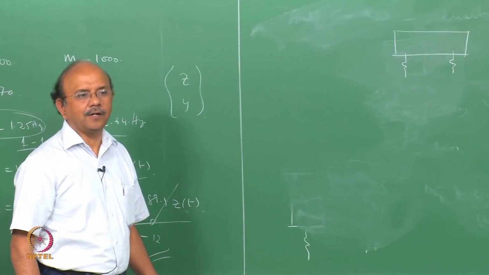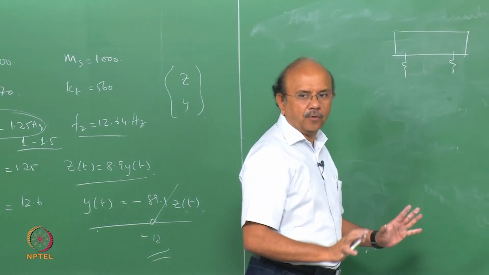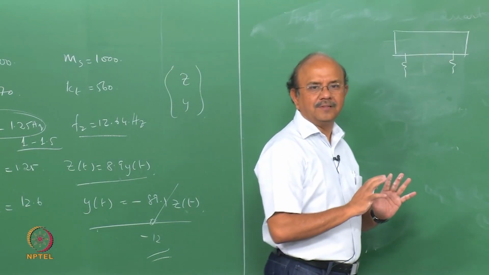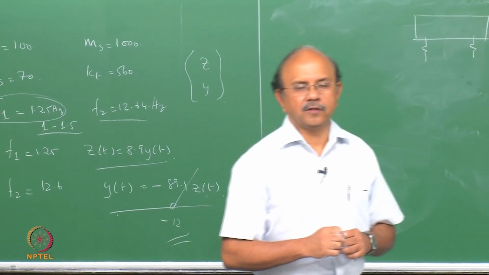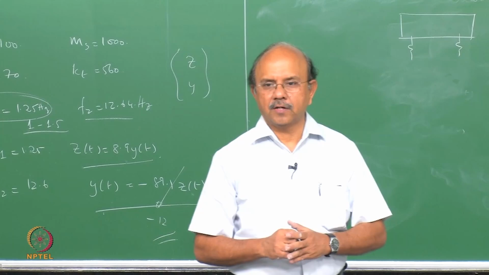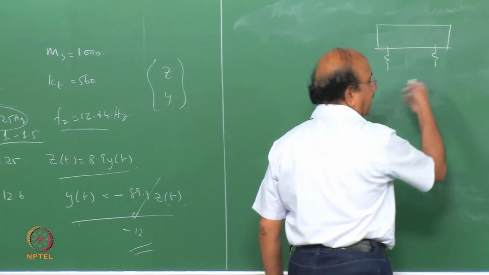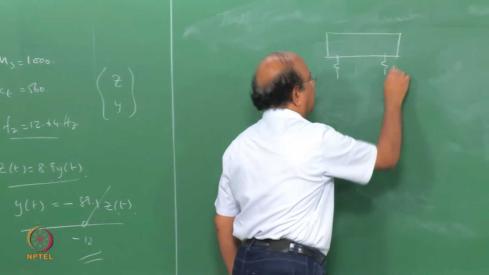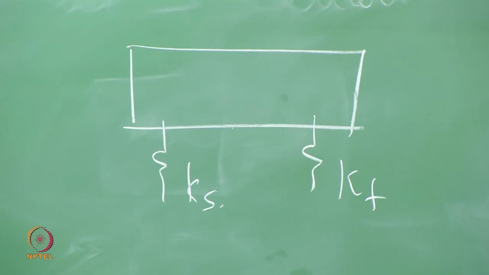I'm going to remove the unsprung mass. This is going to give me some important inputs. Remove the unsprung mass, put this whole spring in the front, the tire as well as the suspension, and call that KF, and KR in the rear.